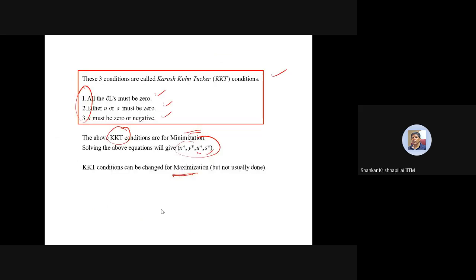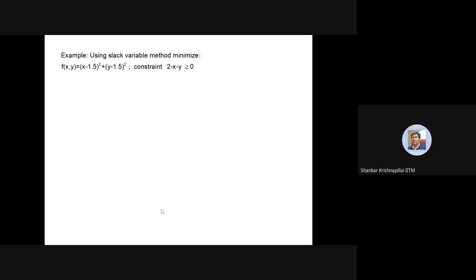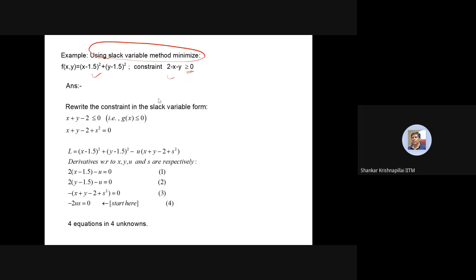So we can look at one simple example in today's class. Using the slack variable method, minimize this objective function subject to this inequality constraint, that is 2 minus x minus y is equal to 0.